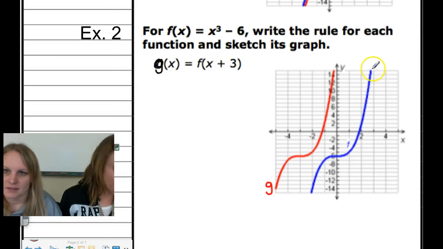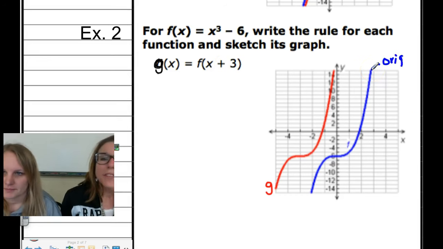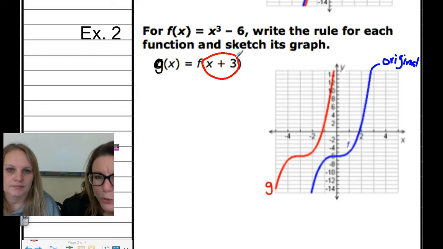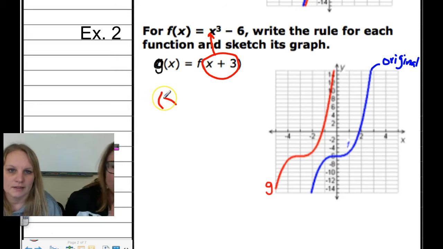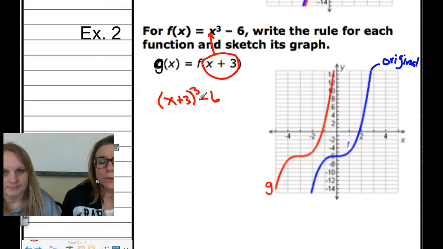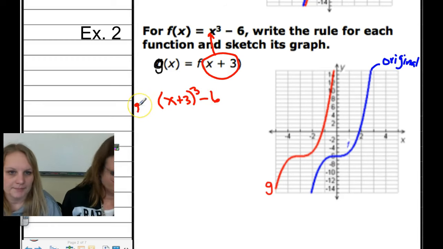So now what we're going to do on this one is the x plus 3 is going to go into the x up above. That's where students really struggle with this. So we write x plus 3 cubed minus 6. That whole thing is equal to, maybe write g of x.